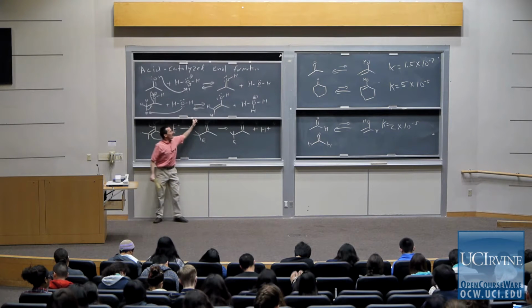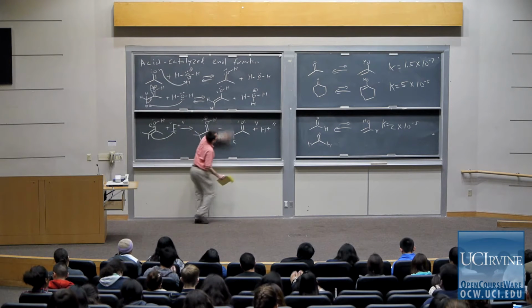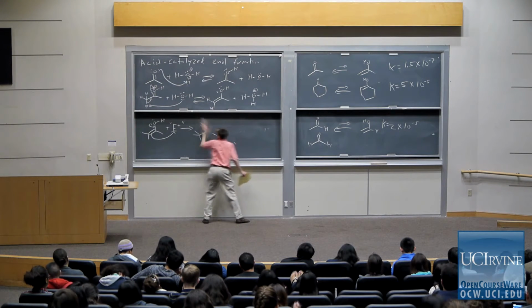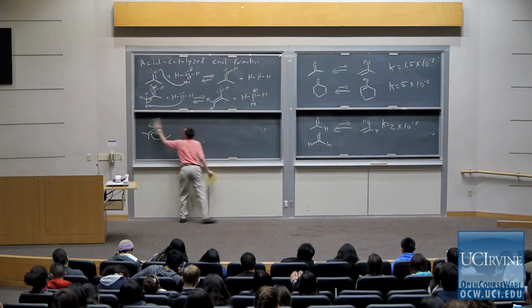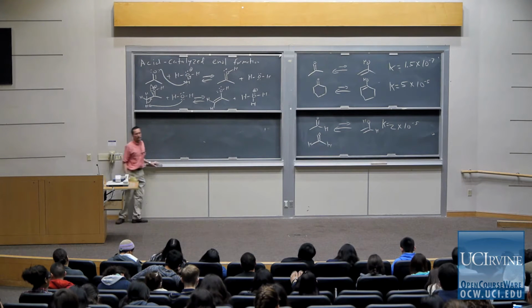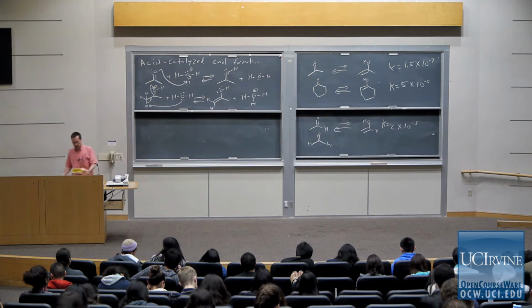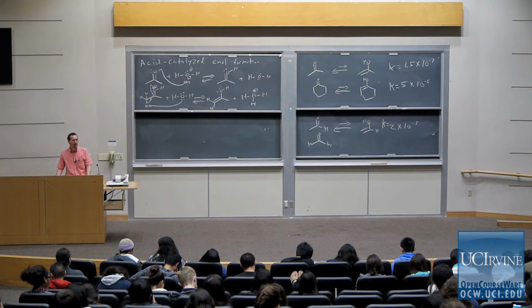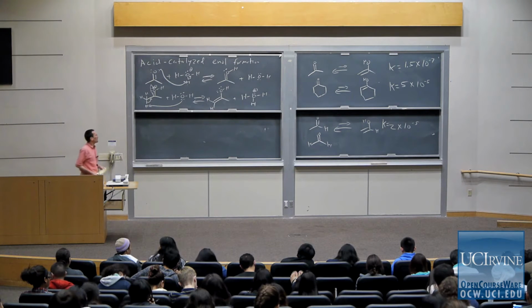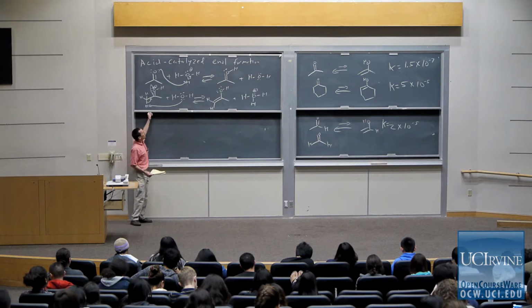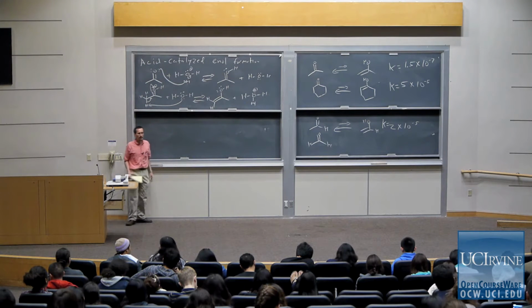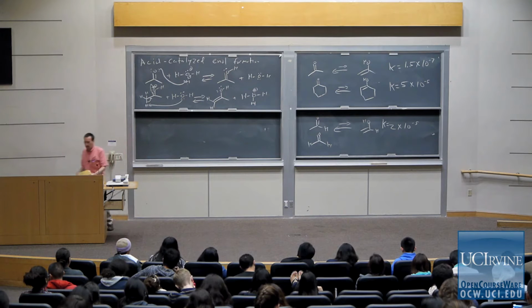And here we go. That's an example of how we go from the keto tautomer to the enol tautomer. Thoughts or questions at this point?